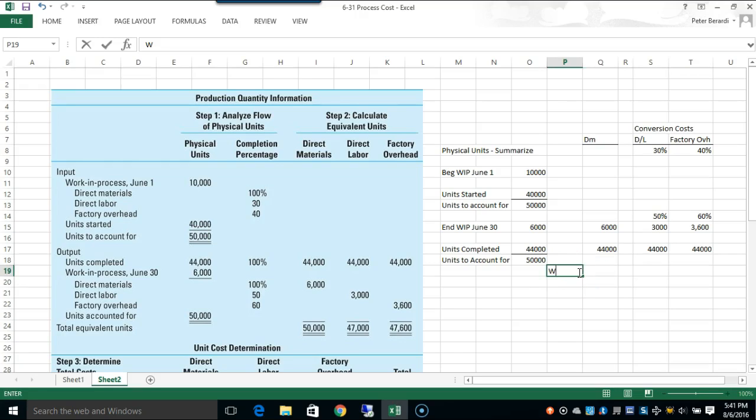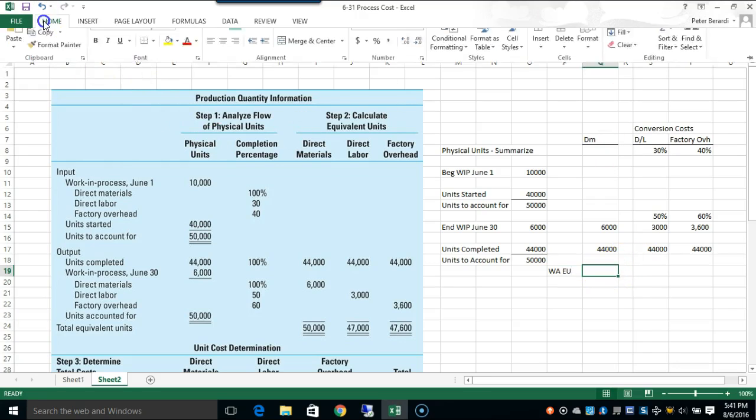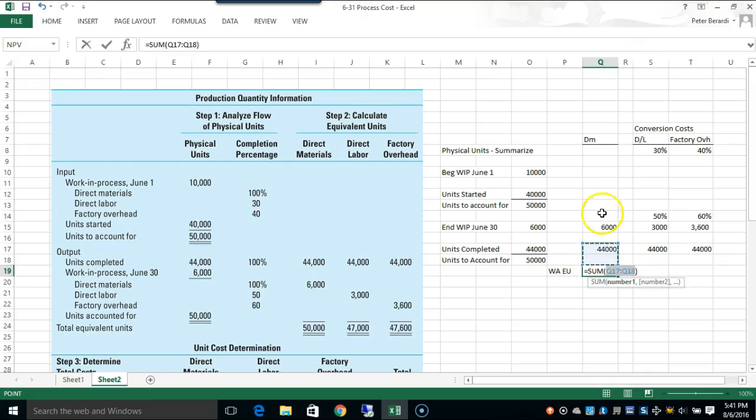Therefore, our weighted average equivalent units of production are the totals. Which is what they've derived here.